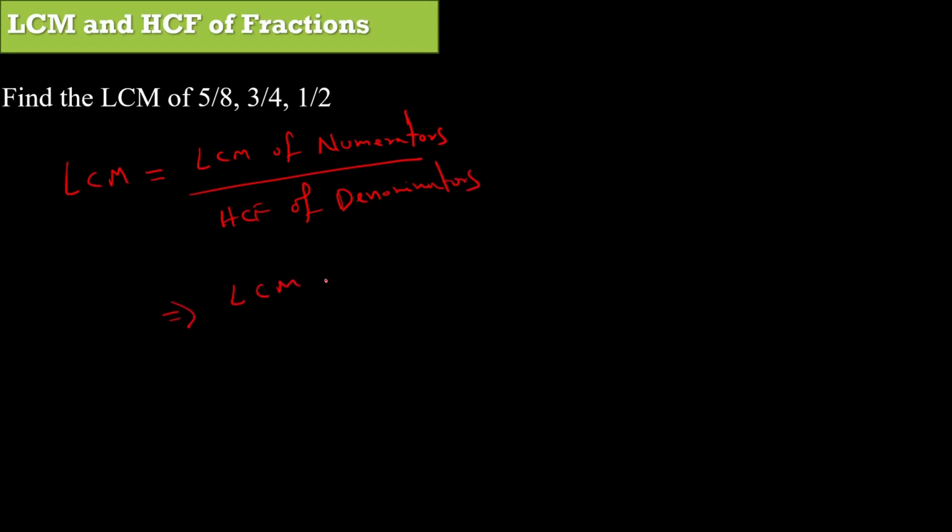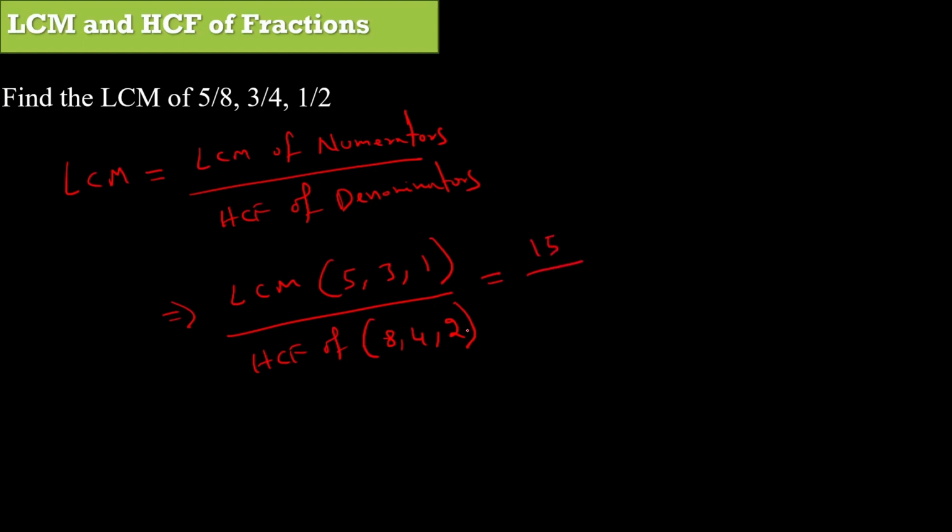Find out the LCM of 5, 3, and 1, and find out the HCF of 8, 4, and 2. So, what is the LCM of 5, 3 and 1? 15. And what is the HCF? 2. So, our answer is 15 by 2.